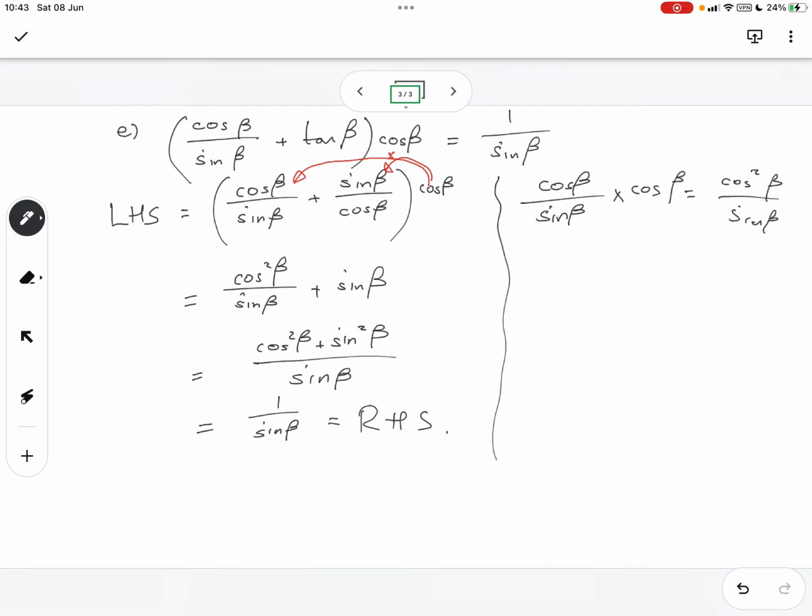What's the answer? Okay, so the answer is cos squared beta over sine beta. Yep. What happens when you multiply sine beta over cos beta by cos beta? What's the answer?